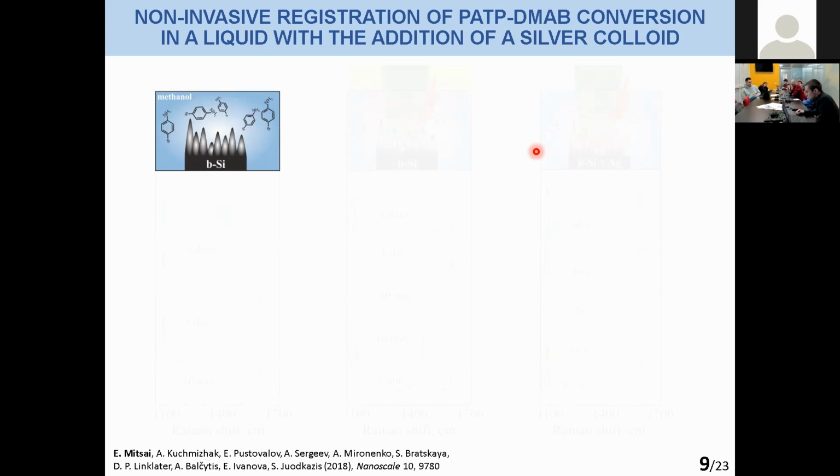And to induce photochemical reactions on such a substrate, the black silicon surface was immersed in a sealed cell filled with PATP molecules in methanol water solution. Silver nanoparticles were added to the solution, and the solution was exposed to sunlight that, with the help of nanoparticles, induces this chemical reaction of dimerization.